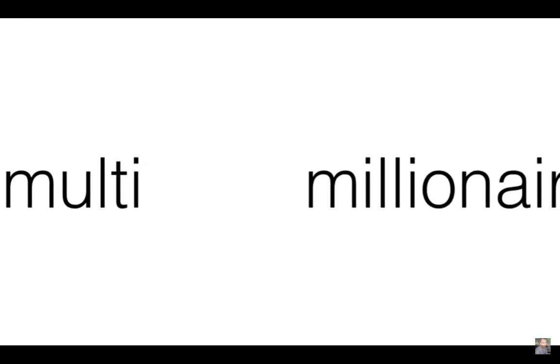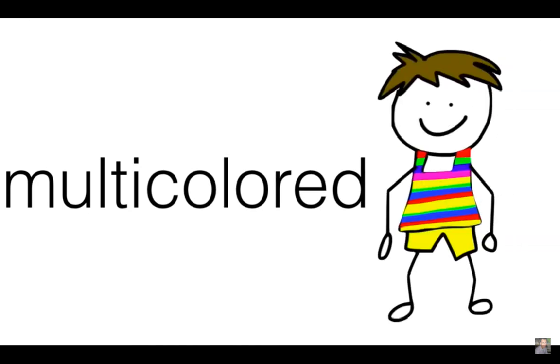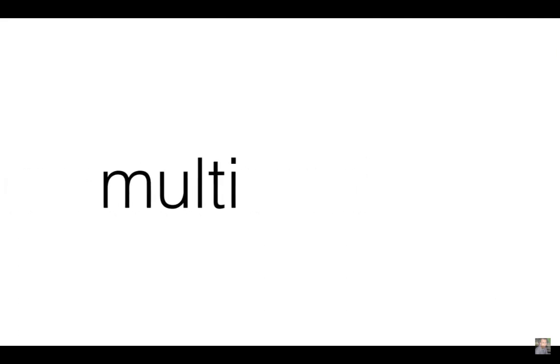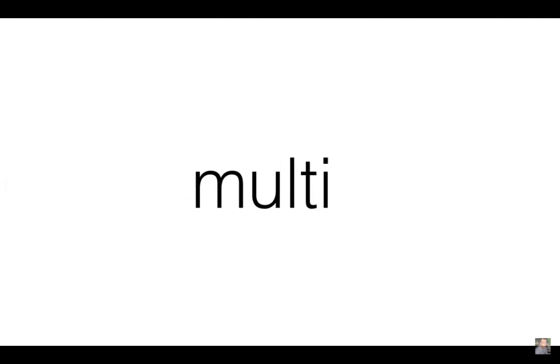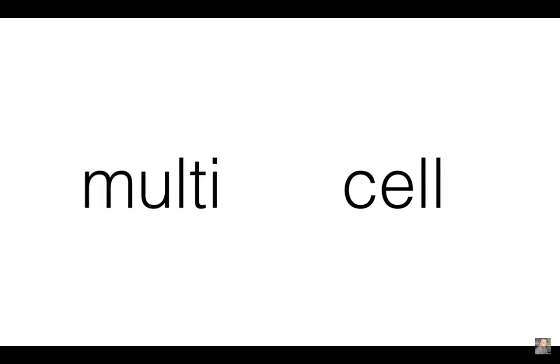The word multicellular can be better understood by looking at the prefix. Multimillionaire is a person with many millions of dollars. The word multicolored describes something having many different colors. In both cases, the prefix multi was used as the word many. A multicellular organism is a living thing made of many cells.